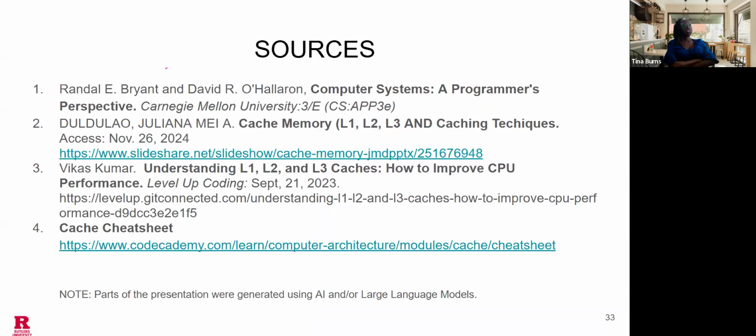Now, keep in mind, I usually include my sources at the end of my slides. I do want to make a note of that because as you work on your project, please make sure you reference the sources appropriately. Even if part of the sources are me, you can say Dr. Tina Burns, lecture 6A, cache memory. Referencing your sources and where you got the information from is vital.